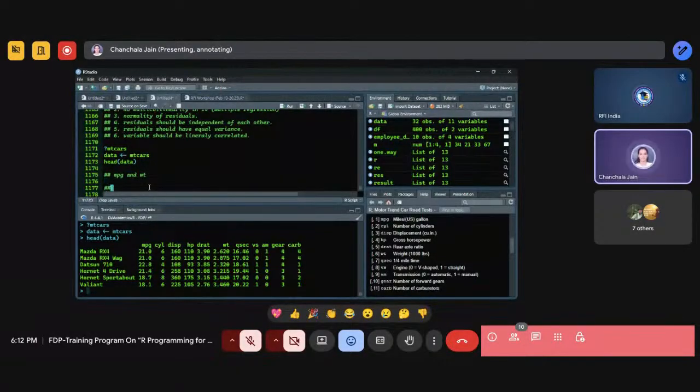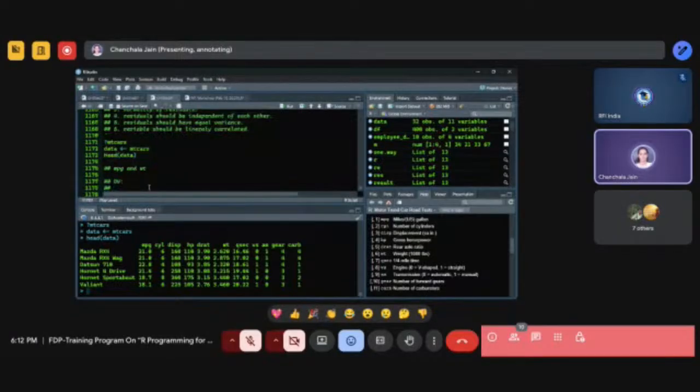So I'll write firstly the null hypothesis. Before this, can anyone tell me which will be my DV, which will be my IV here? MPG and weight. Which variable can I take as dependent? Which variable can I take as independent?